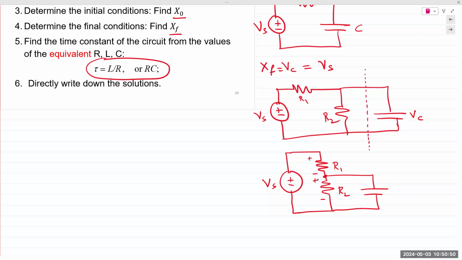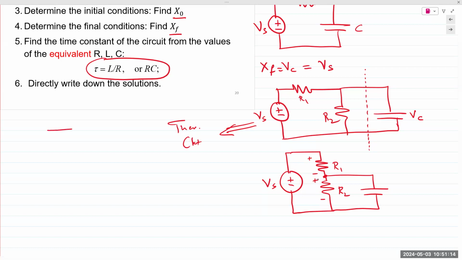That's what we mean by finding Thevenin or Norton equivalent circuit, because we have to reduce that circuit down to one single voltage source and one single resistance. So we have to find the Thevenin or the Norton equivalent circuit as seen by the capacitor.